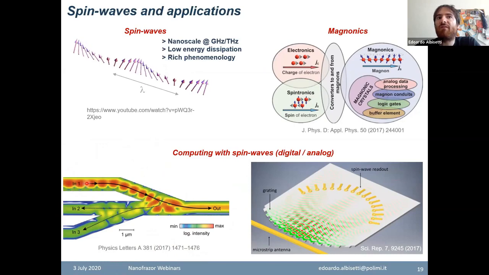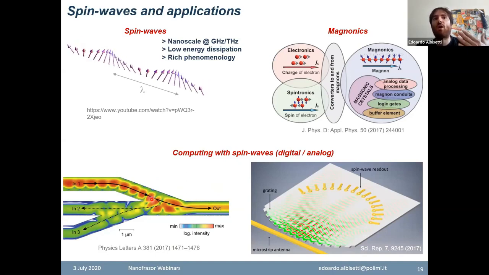So you have basically waveguides. You excite spin waves as an input here. They interfere depending on the shape of the conduits and how they're joined with each other. And then you have an output that is basically high amplitude or low amplitude that depends on the interference and on the spin wave path that each one of the inputs has. And you can basically have a logic function by building this kind of structure.